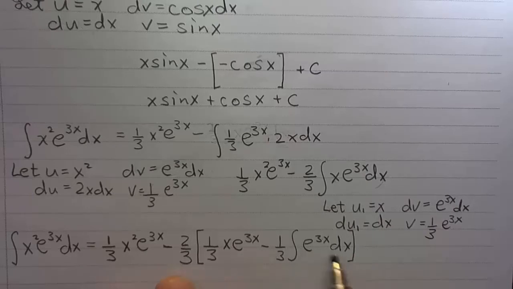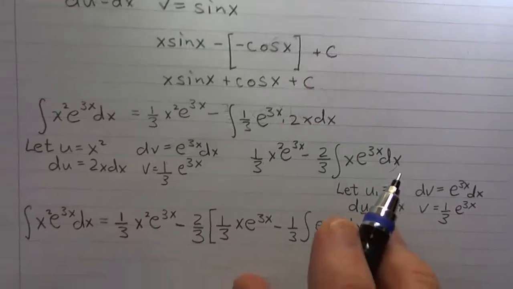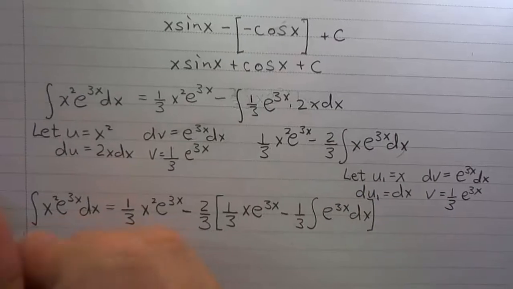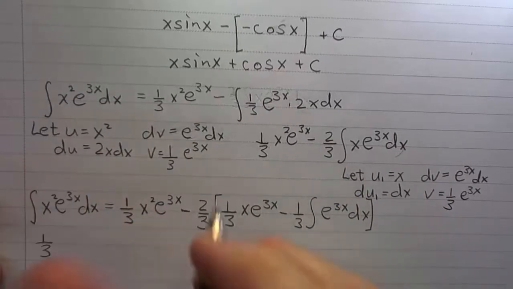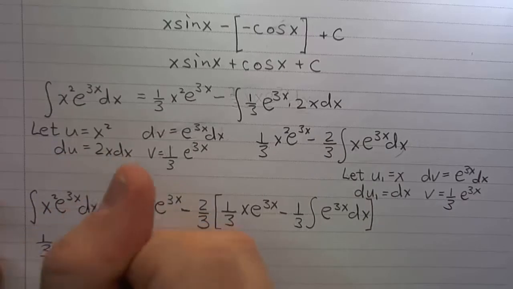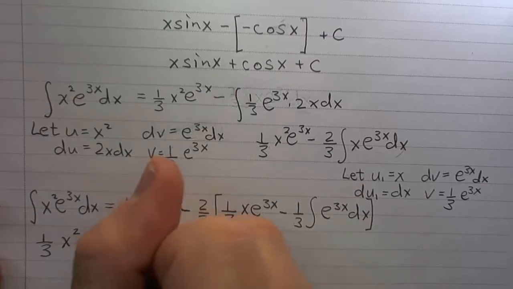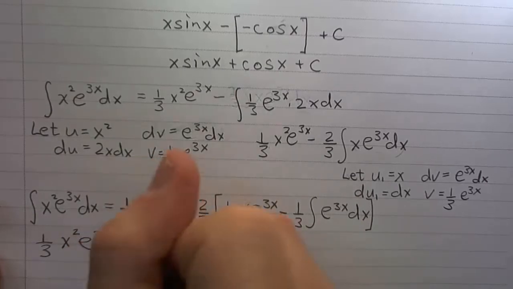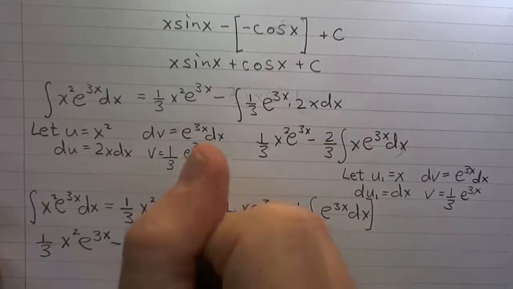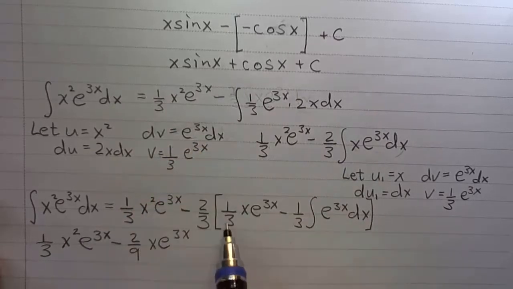Now we can deal with this integral. This is easy for us. So let's see what we have now. We have 1/3 x squared e to the 3x minus, this is going to be 2/9 x e to the 3x. See, just distributing through.